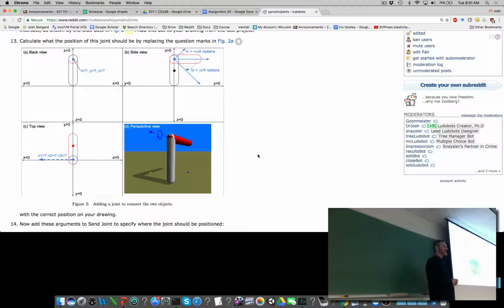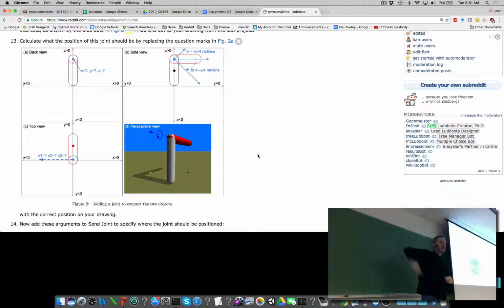The YZ plane, right? So we're in essence specifying the plane through which we want the objects to rotate by specifying the vector that's normal to that plane. It's kind of weird. I guess we could have just done the plane itself, but that's how things are done. Yeah. So again, this can be sort of non-intuitive until you get started.